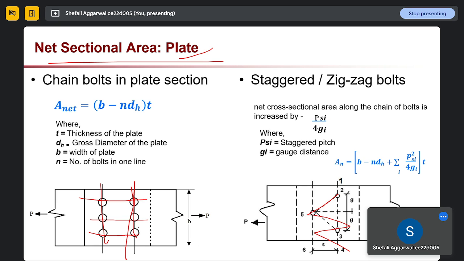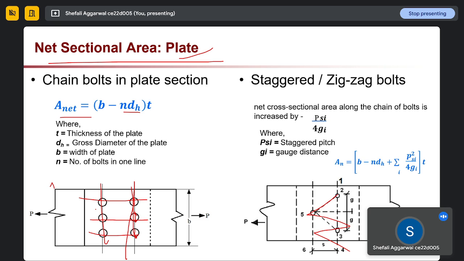So total width minus these three widths, which are given by n into d, gives us the effective width, multiplied by the thickness of our plates, which gives us the effective net area.